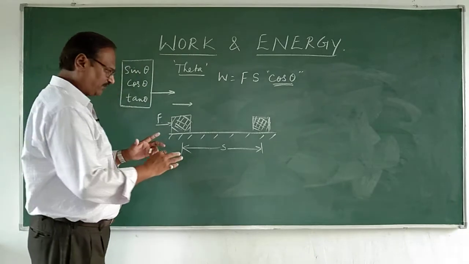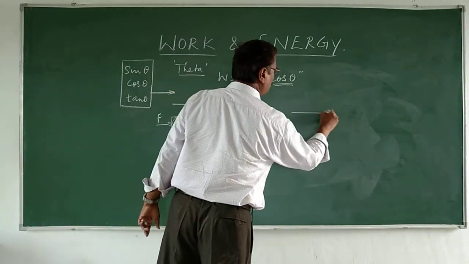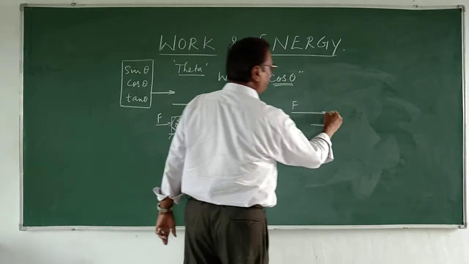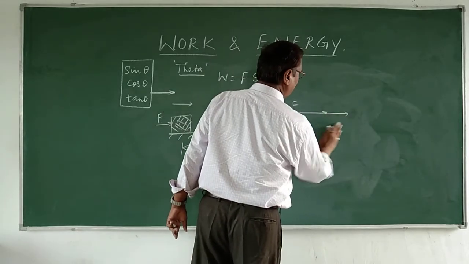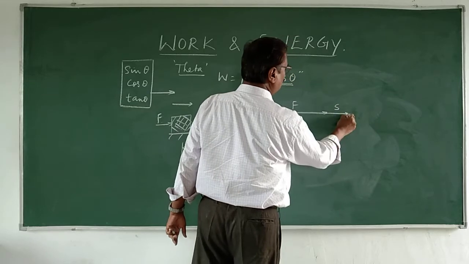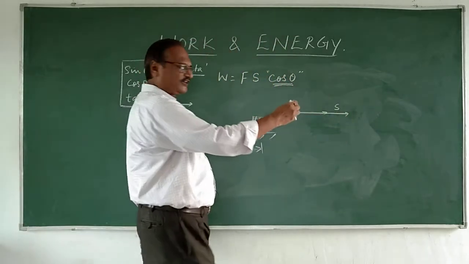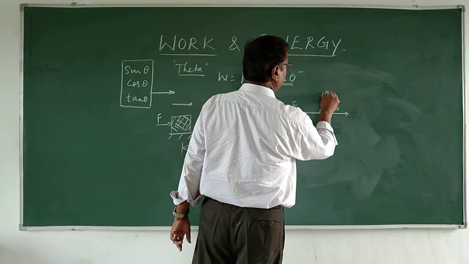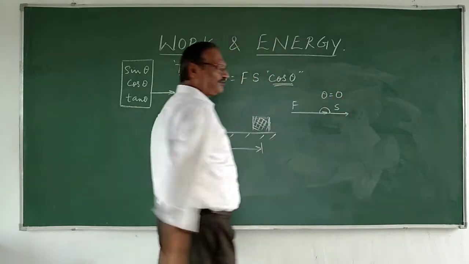Now look carefully. This is the force applied and this is the displacement. If I bring both of them together, force and displacement are both in the same direction, so there is no angle at all. That is, theta is equal to 0.